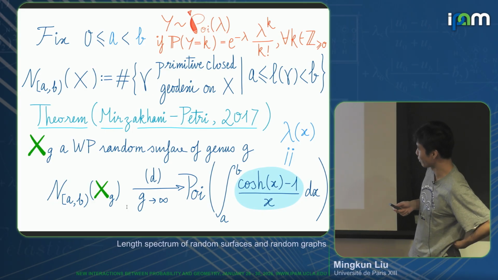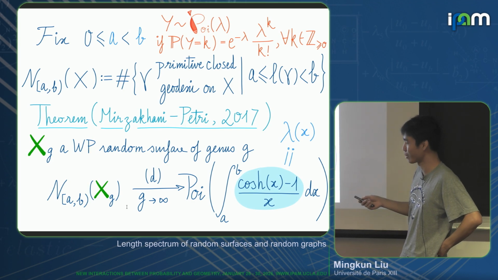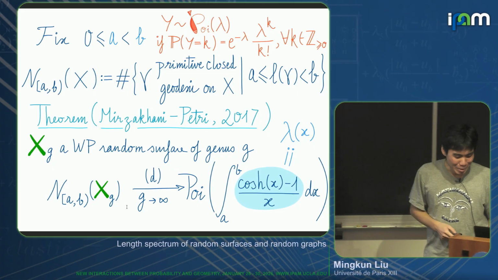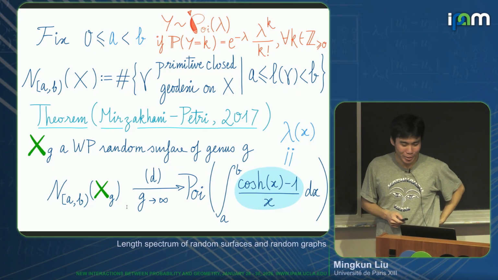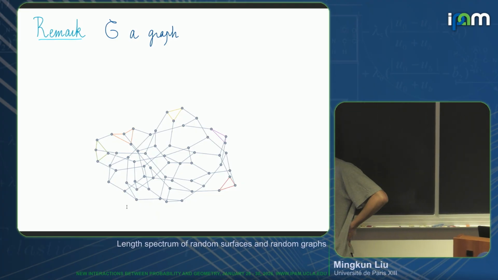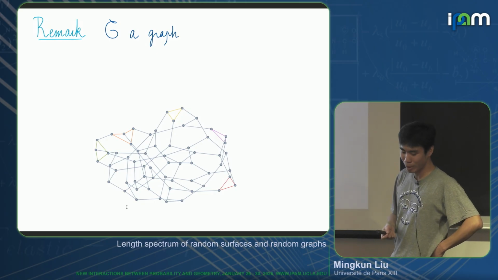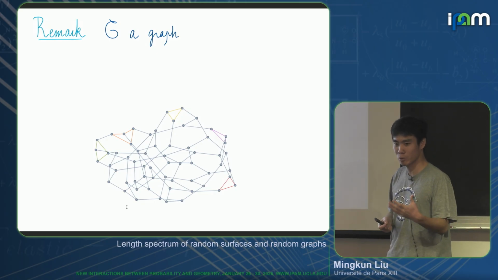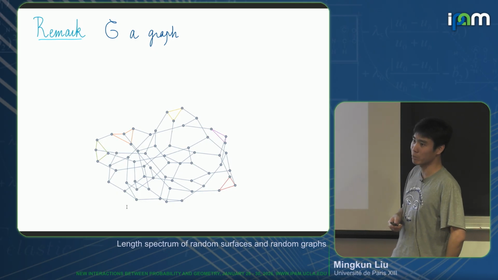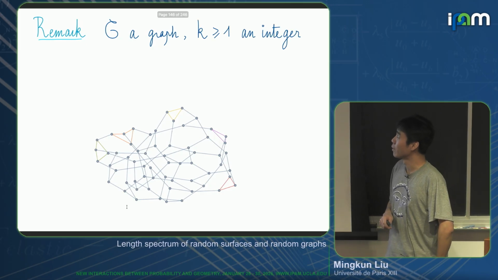And I don't think I would have had enough imagination or courage to want to prove something like this. But after many years of experience, one of the first things that I learned during my thesis is that when you want to study something for hyperbolic surfaces, especially for random hyperbolic surfaces of large genus, it's always a good idea to check what happens for graphs. So there is a parallel story for graphs.